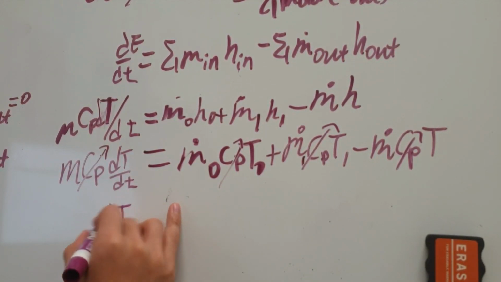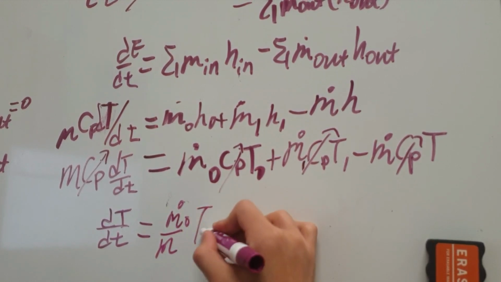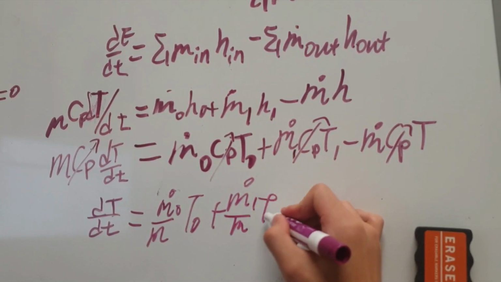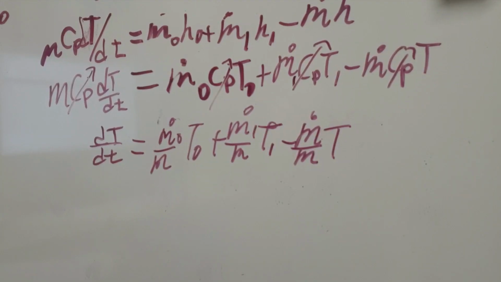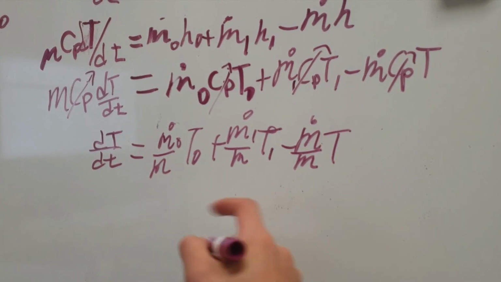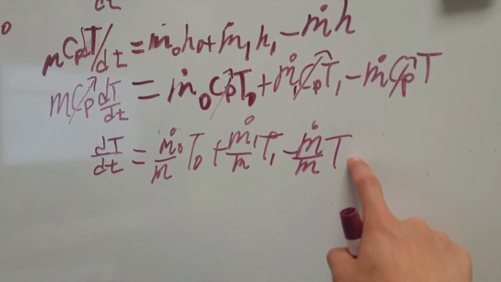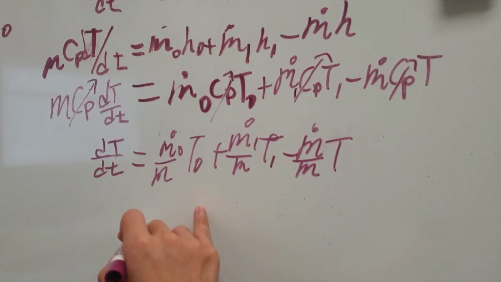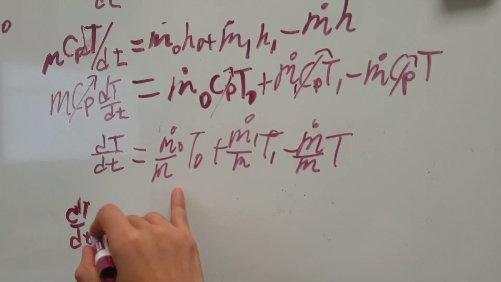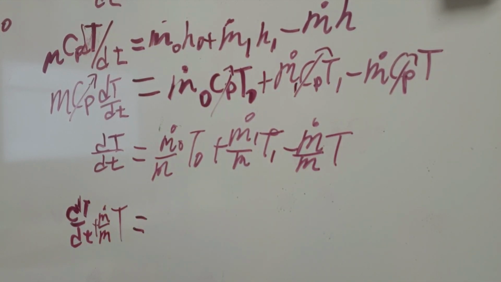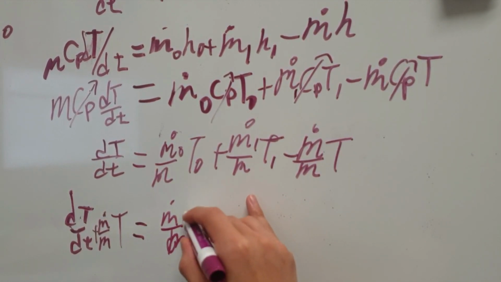On the left side we'll have dT over dt, and on the right side we'll have m dot 0 over m T0 plus m dot 1 over m T1 minus m dot over m T. Then we're trying to figure out what T is, the big T at the outlet or at the aorta, so we're going to isolate T. If we move the T term to the left, we'll have dT over dt plus m dot over m T. There we go. And same thing over here.